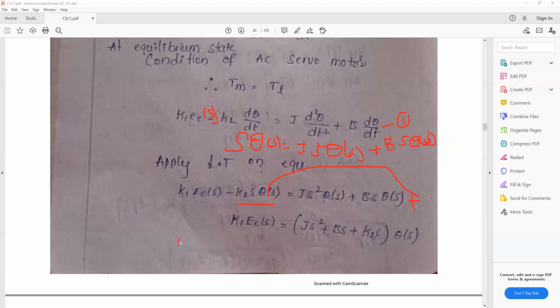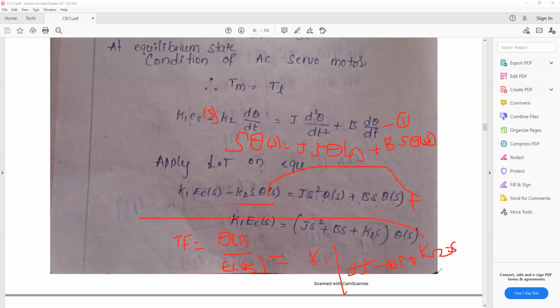So the transfer function theta(s) by Ec(s) is equal to K1 by J s square plus B s plus K2 s.